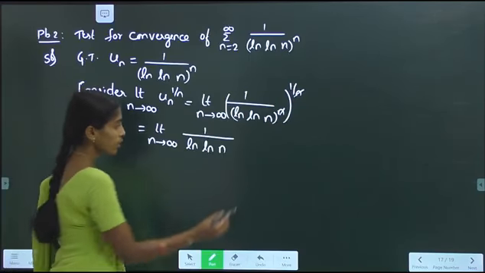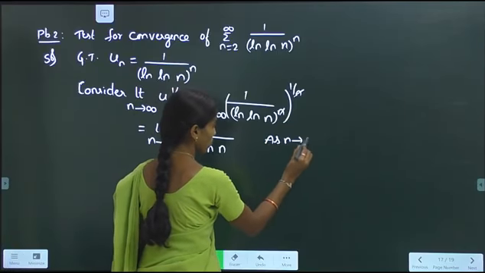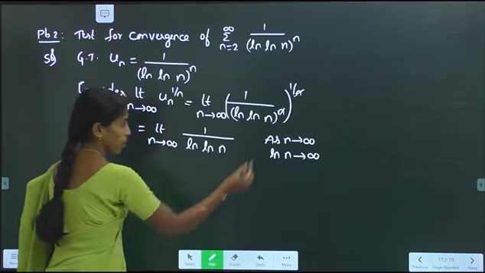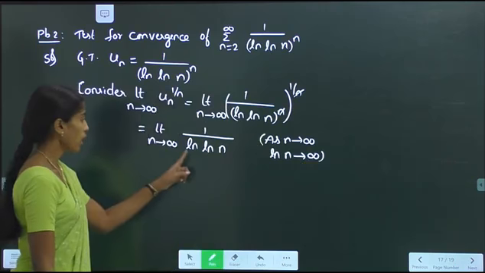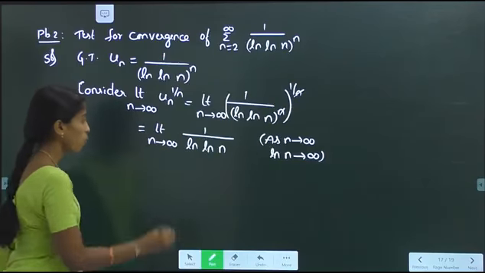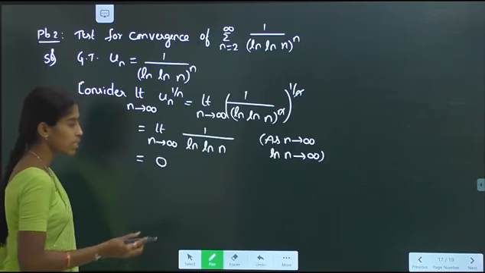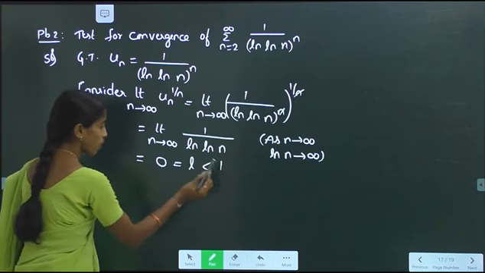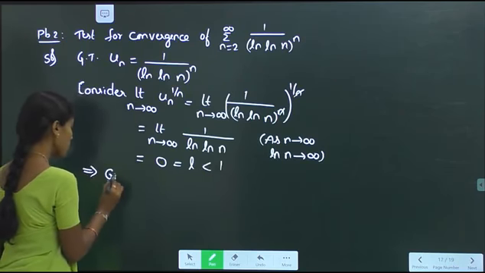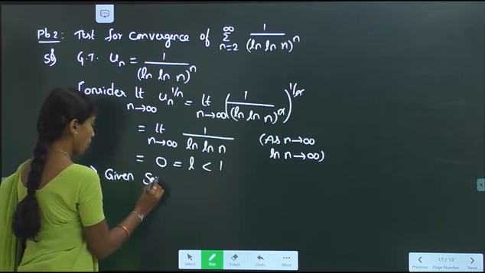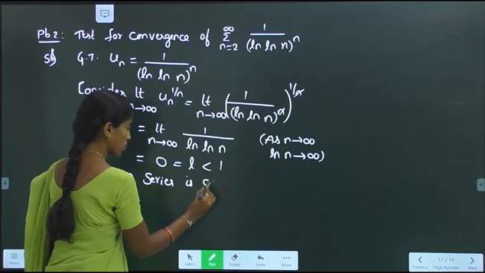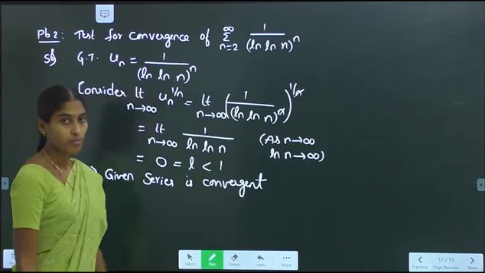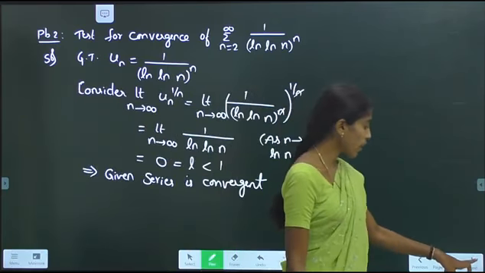As n tends to infinity, ln of n also tends to infinity. So 1 by infinity becomes 0, which is the limit value. 0 is a finite value which is less than 1, so the given series is convergent. As n tends to infinity, log of infinity is infinity.